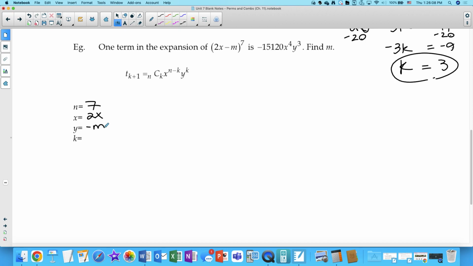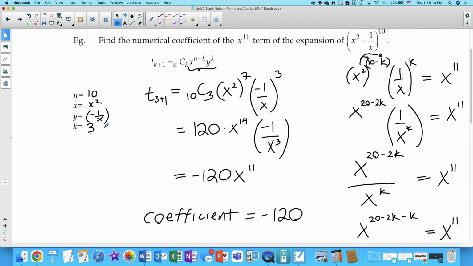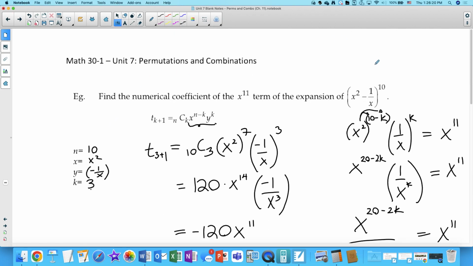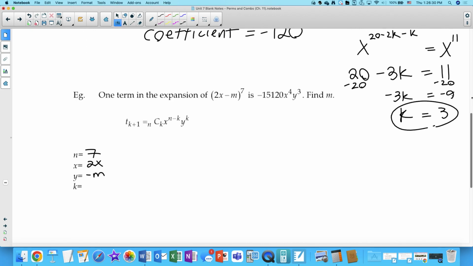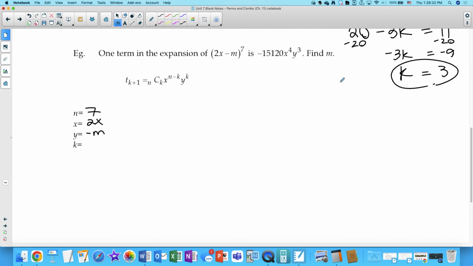So you do have to be a little bit careful here. It is 3 in this case, but if you had a situation like this one, where the exponents on each of the terms in the binomial are not 1, it will not be that. One thing you could do is pay attention to the term in the binomial that you do know.